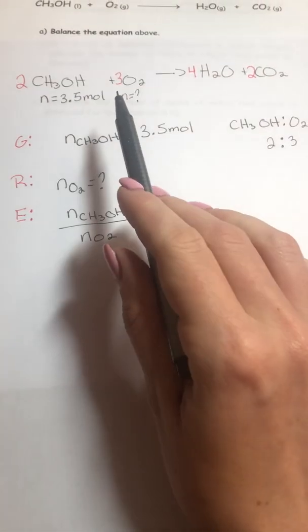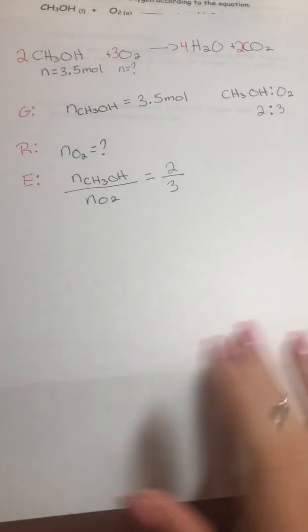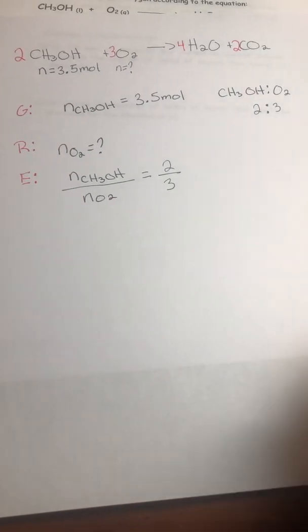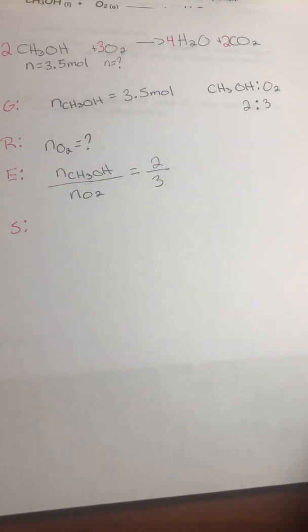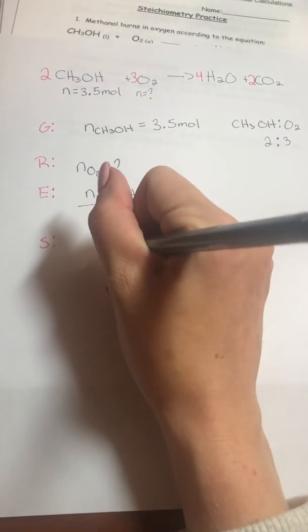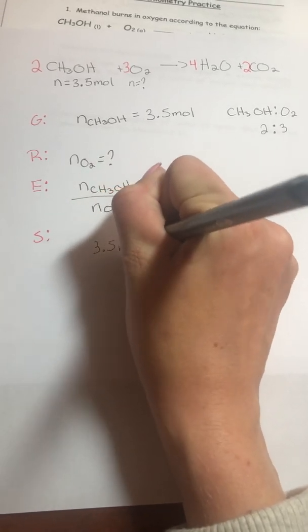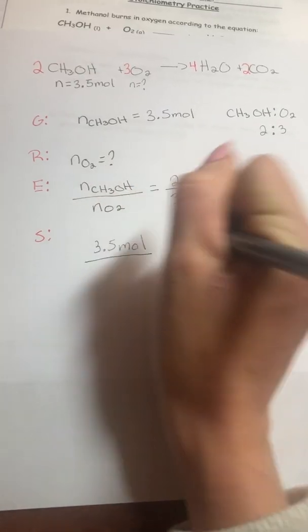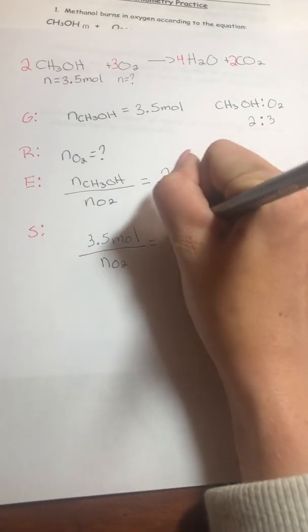And then I put 3 on the bottom. Let's plug the numbers in and solve. So I've got 3.5 moles over N O2 equals 2 over 3.